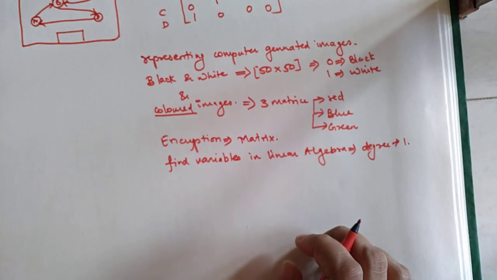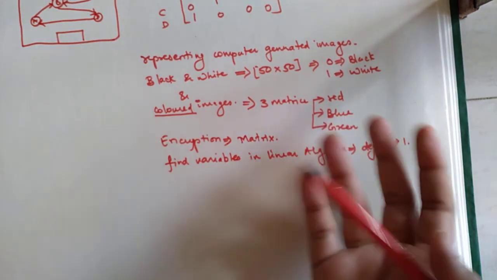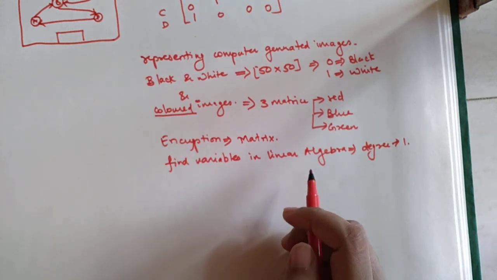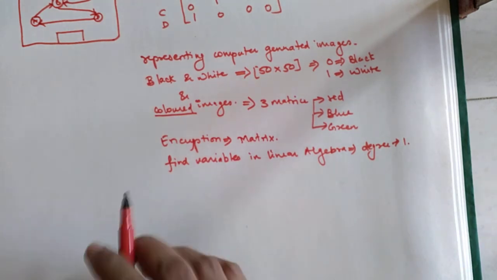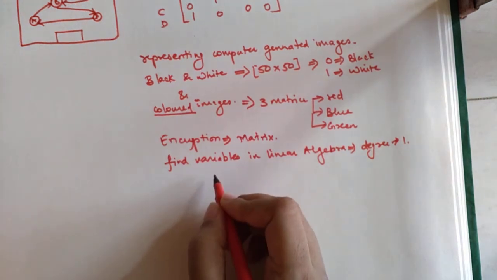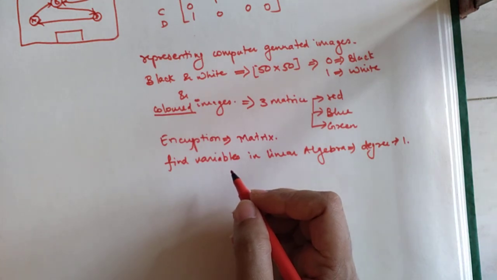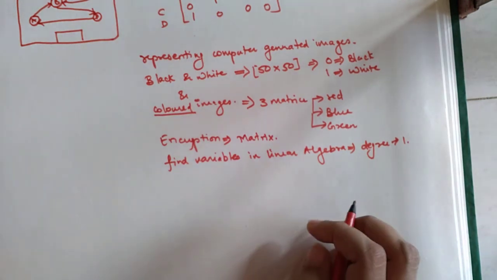I'm sure you must be thinking that for finding variables we have 2 or 3 methods. One of them is simultaneous equations. But students, there is a limitation to simultaneous equations, and that is that you won't be able to find the values of 3 variables if you're using simultaneous equations.